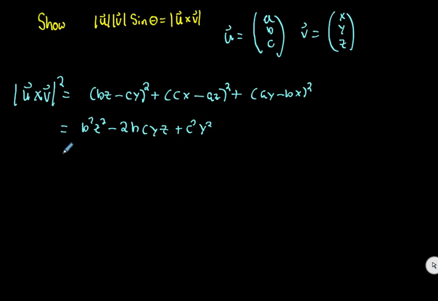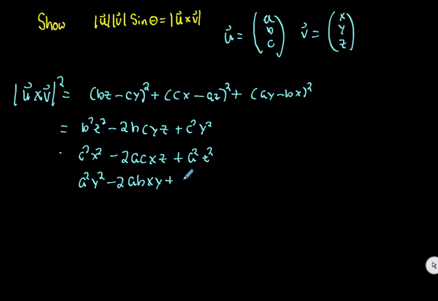This squared would be equal to c squared x squared, and then I'll have minus 2acxz plus a squared z squared, right? And then the last one, I'm going to have a squared y squared minus 2abxy plus b squared x squared, right?